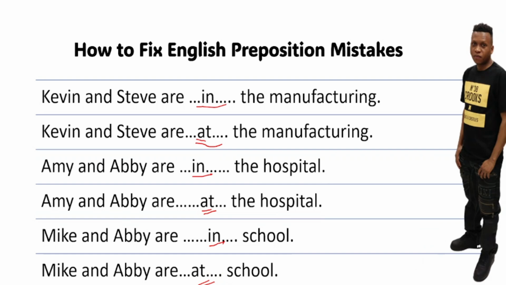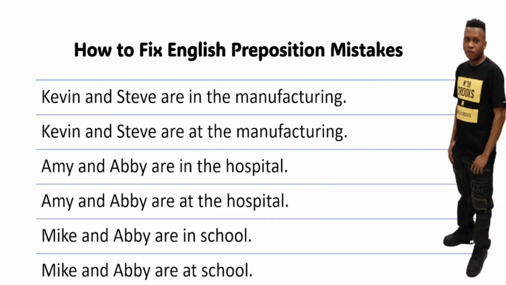So Kevin and Steve are in the manufacturing. Kevin and Steven are at the manufacturing. Amy and Abby are in the hospital. Amy and Abby are at the hospital. Mike and Abby are in school. Mike and Abby are at school. Okay? So that's the right answer there. Okay?